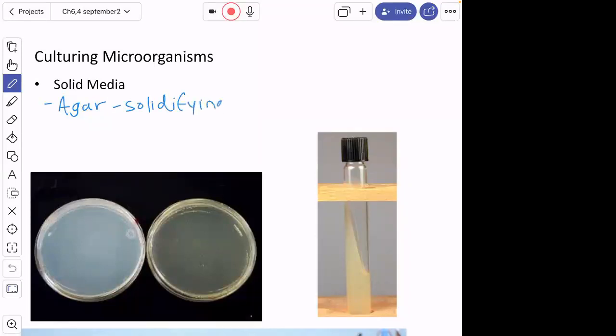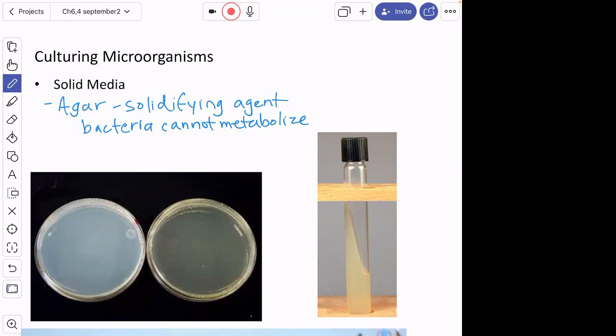What's special about agar, what makes it a really good solidifying agent, is that bacteria cannot metabolize it. Every once in a while I hear on the news that they're talking about growing bacteria, and they say bacteria eat the agar.